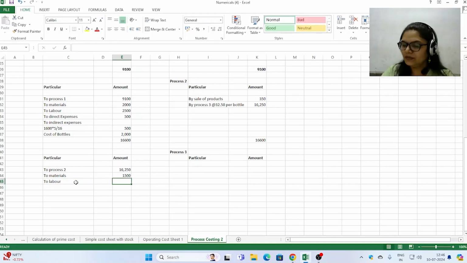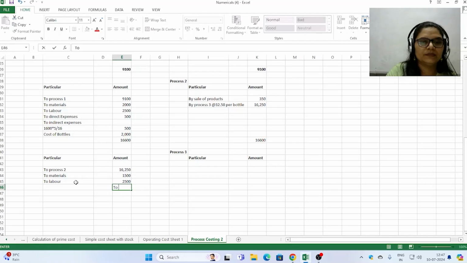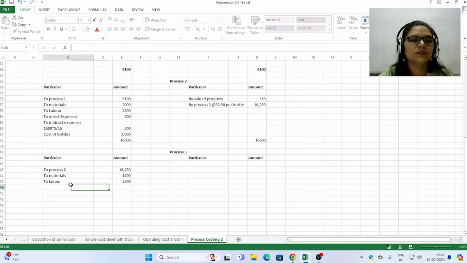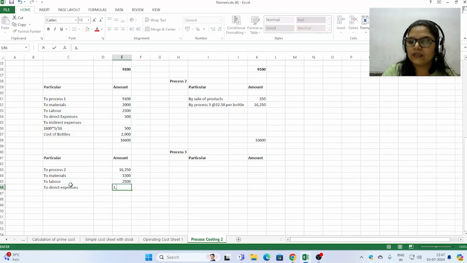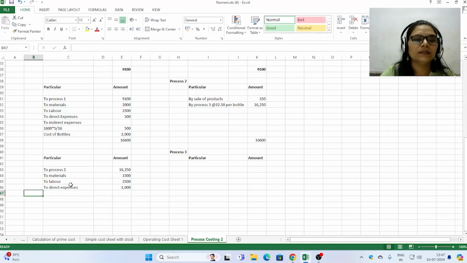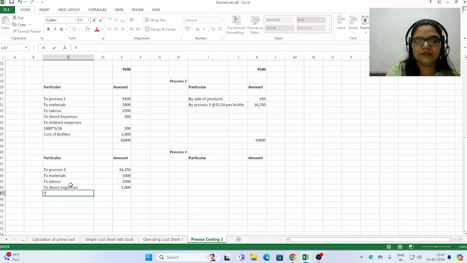Now, to direct expenses. Direct expenses are given in the question as 1000. Now again, the indirect expenses.